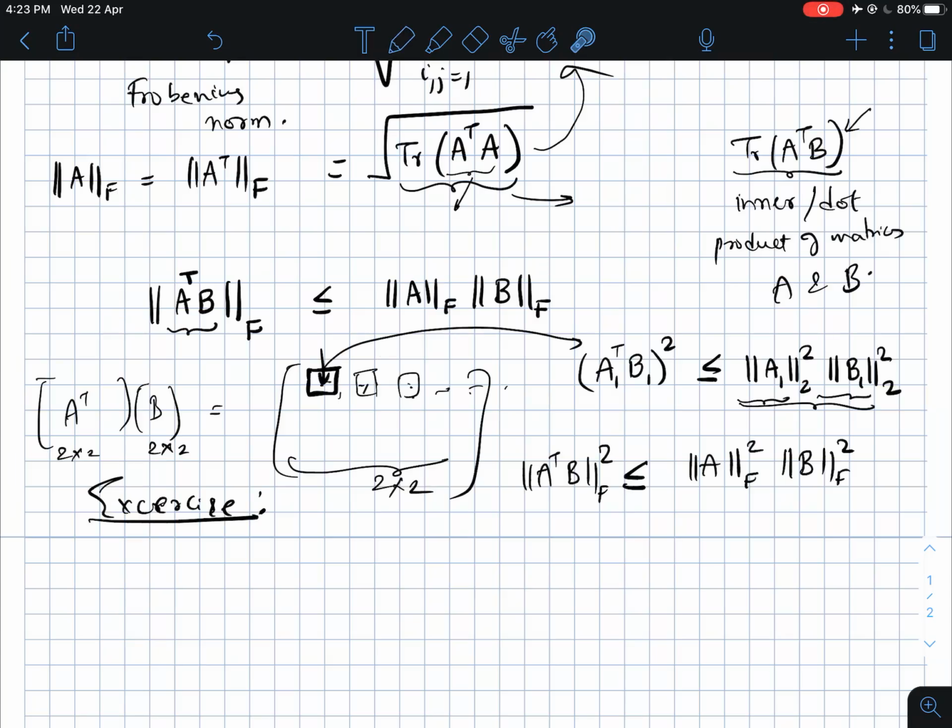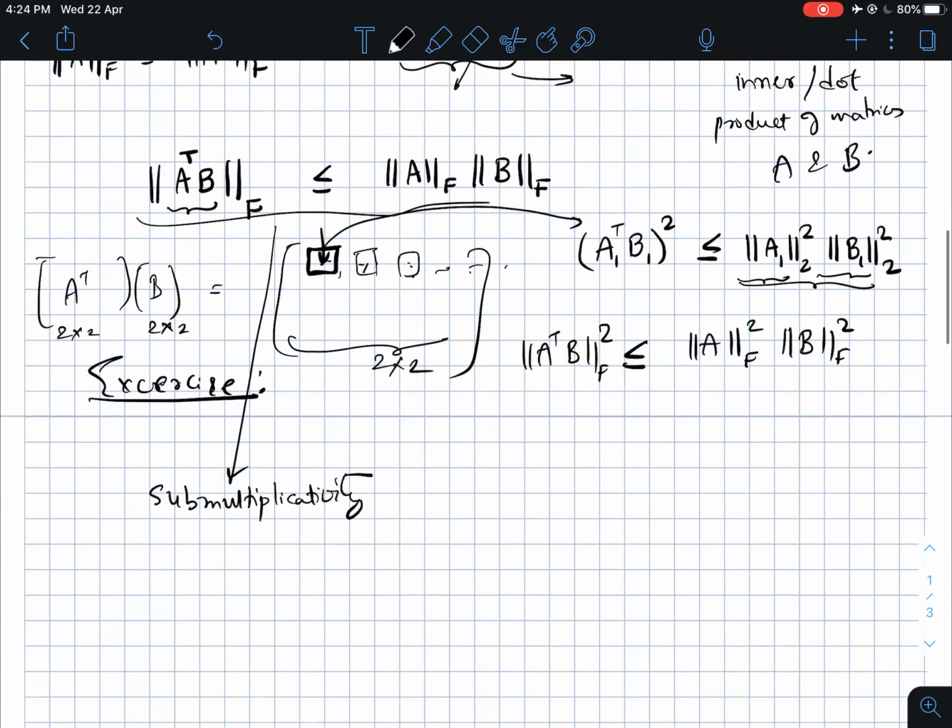So this property here is something called submultiplicativity. Submultiplicativity essentially is saying that when you multiply two matrices, of course I can get rid of the transpose, because the transpose doesn't really affect anything.